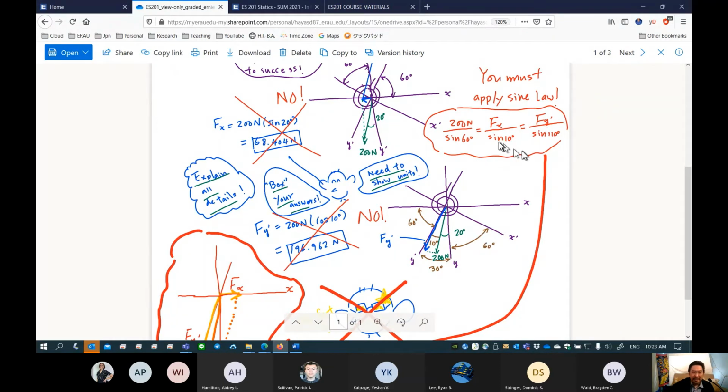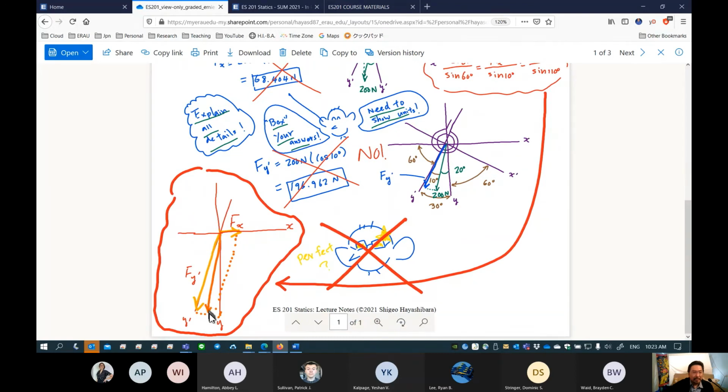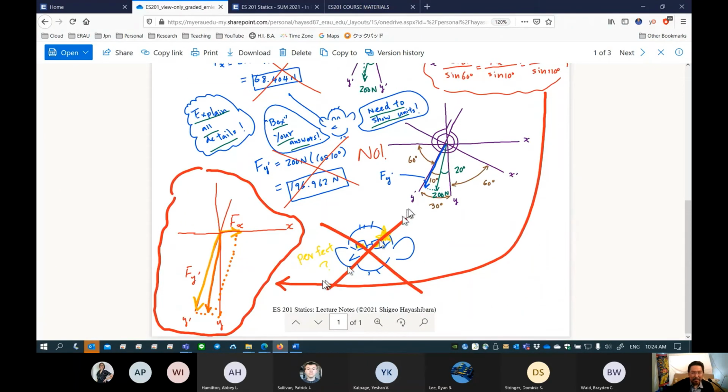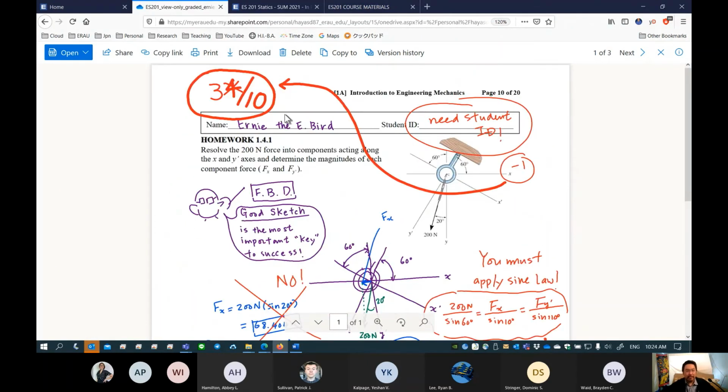This is the resolved force into X and Y prime axis directions. And then once you figure out the angles, you're going to use the sine law. Okay. So Ernie's work is not perfect. You actually got 4 out of 10, but 1 point deducted. So this is how I grade your work.